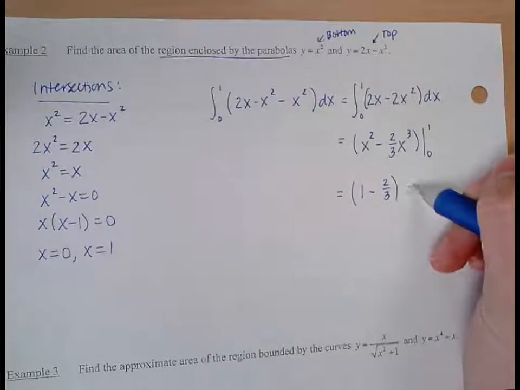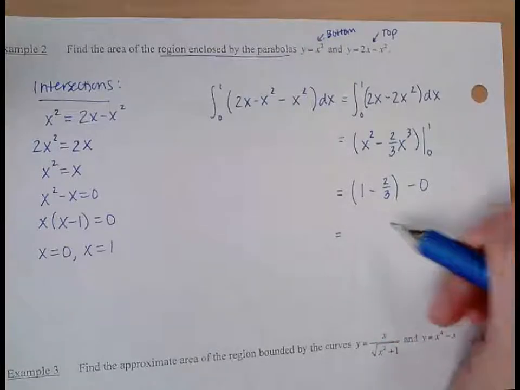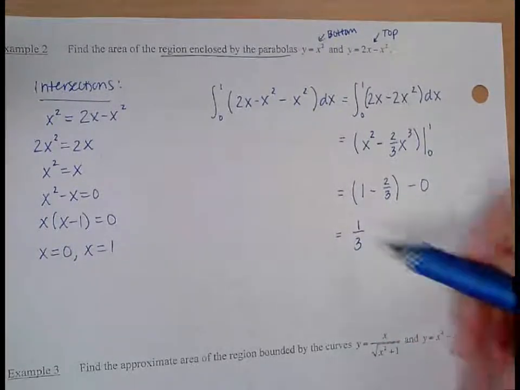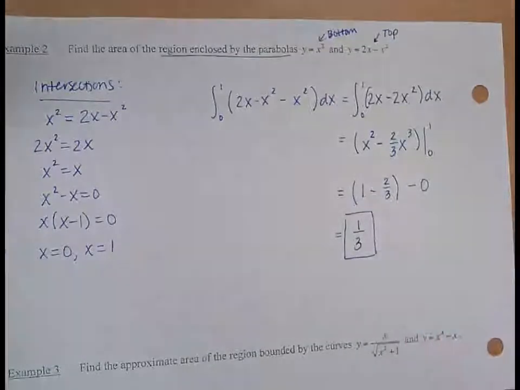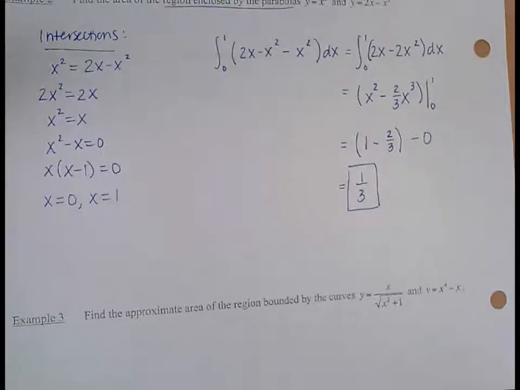And then if I substitute in 0, I'm just going to have 0. So I have 1 minus 2/3, meaning the area of that region is 1/3. Okay, questions on that one?